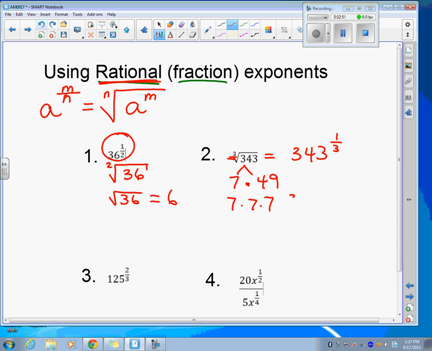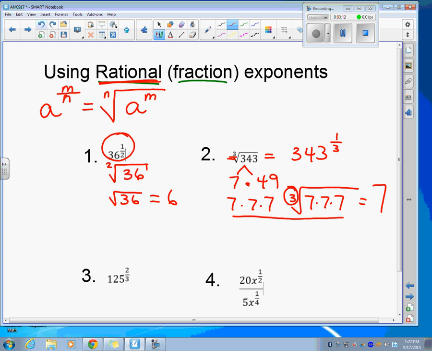So the cube root of 7 times 7 times 7 is equal to 7, because the index tells us how many must be in the group. So this is 3 in the group. So this is 7.